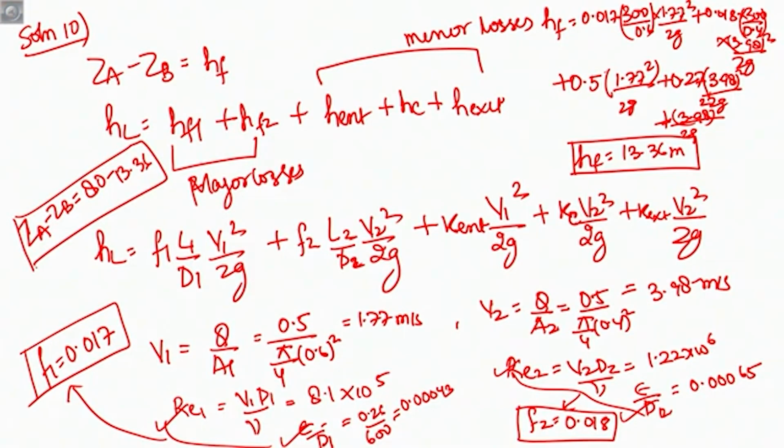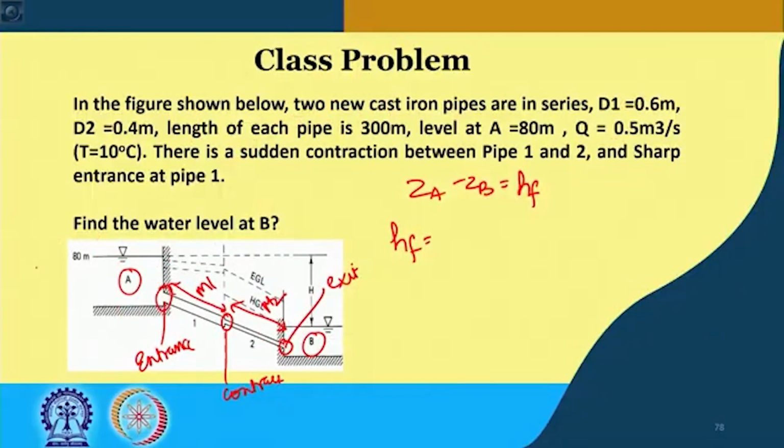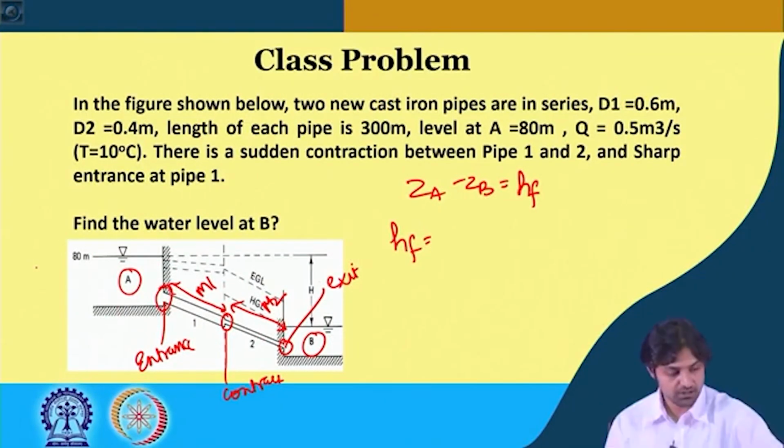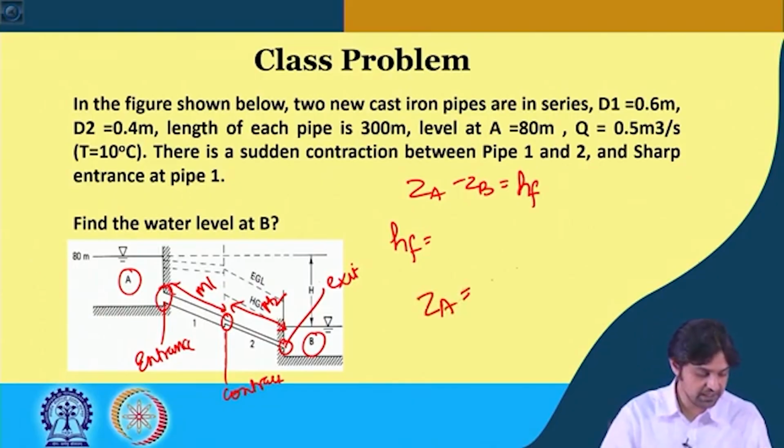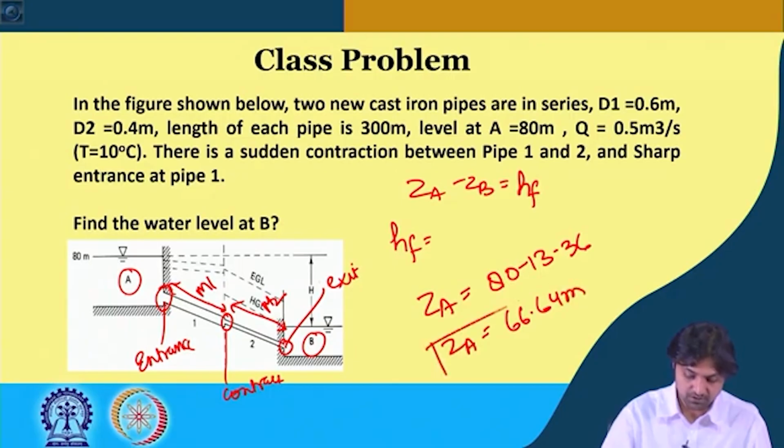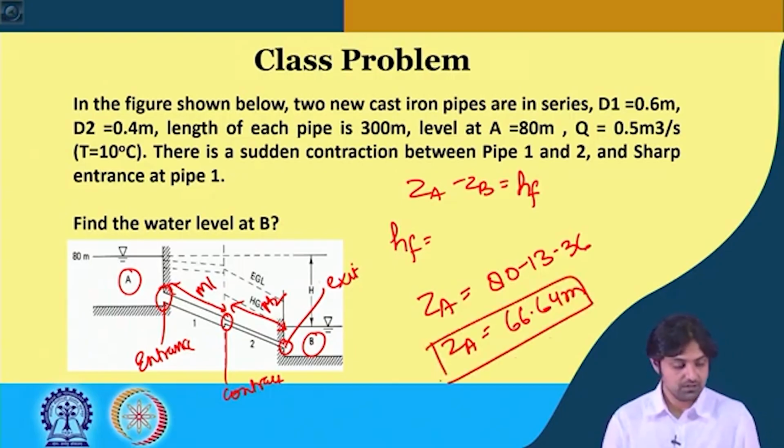Alright, I think we should not make it so cluttered, but now you understand the process. We calculated the major losses, we calculated the minor losses, and we calculated the total, and here we get the level at B as 80 minus 13.36, which is 66.64 meter. Okay, this was the elevation.